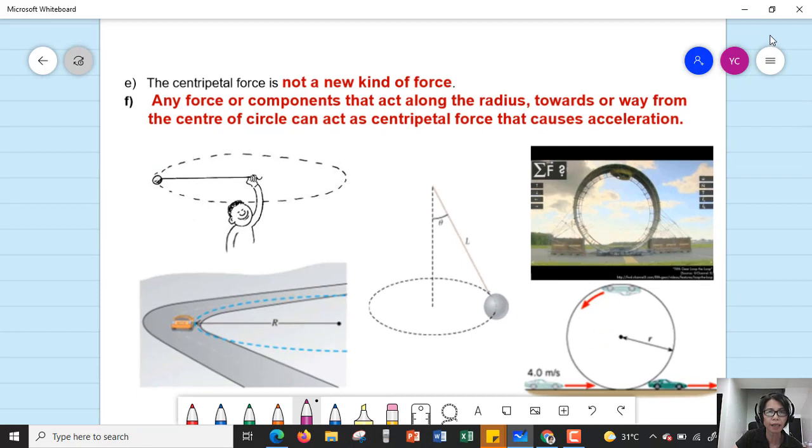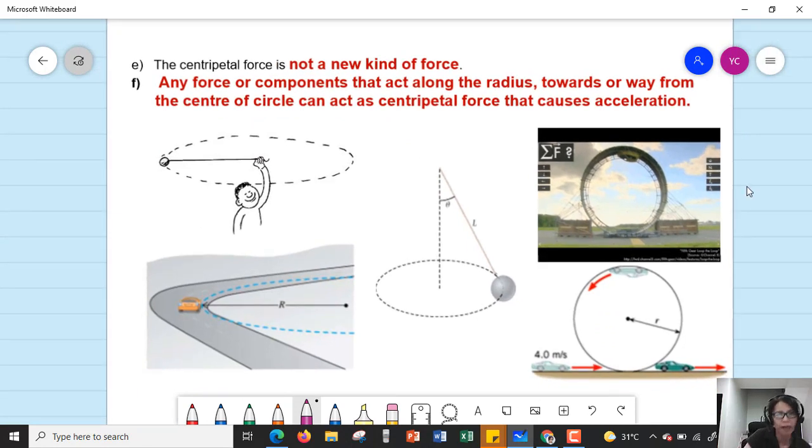But what I would like to stress here is, you have to bear in mind, the centripetal force actually refers to the net force that enables the object to perform circular motion. So centripetal force is not a new kind of force like tension or weight. No, it's not a new kind of force.